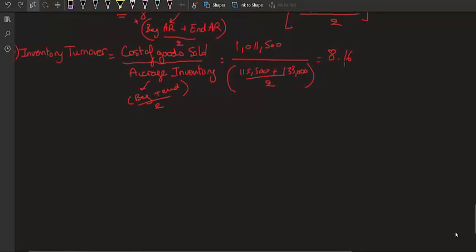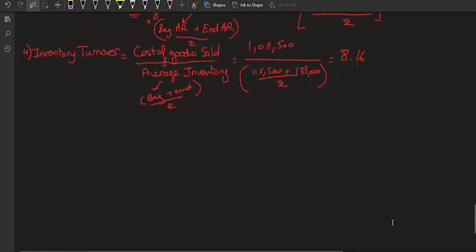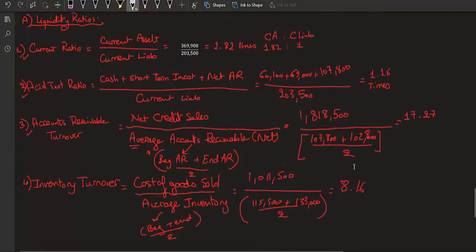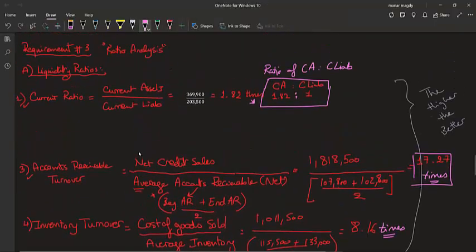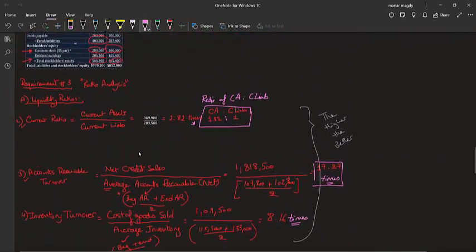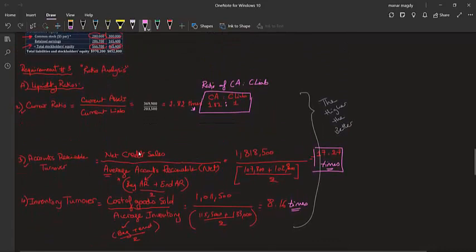So let's sum up. Up to this point, we have finished all of the liquidity ratios, and all of them, the higher the better.